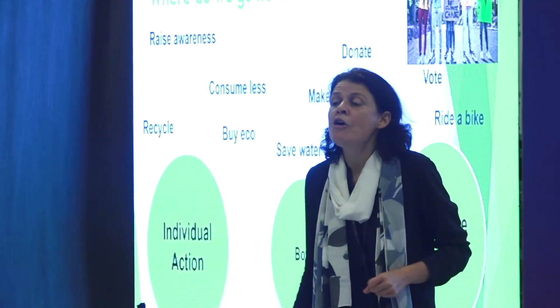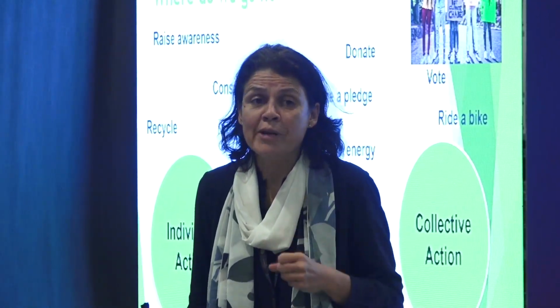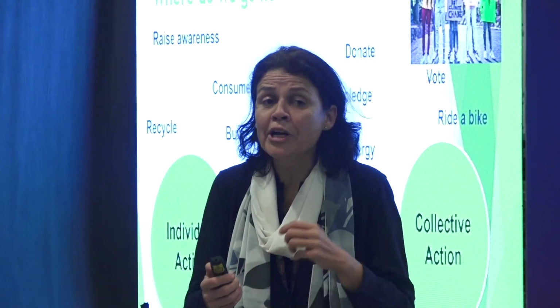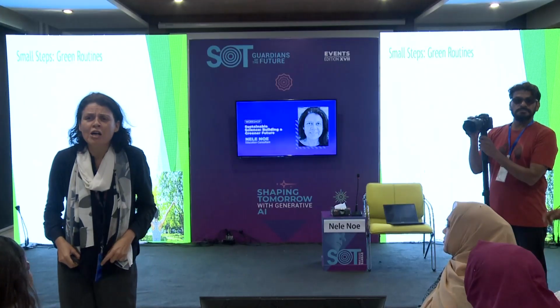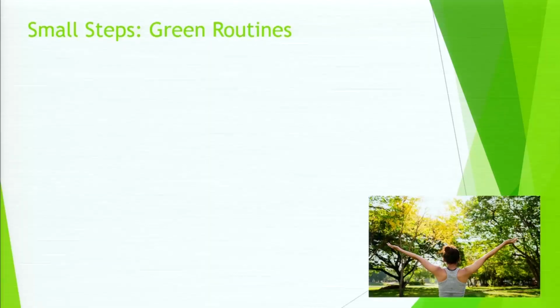You see here a variety of things that we can do. Yes? Later we're going to go back to those and we're going to think about how to implement them, but now first we're going to look at some practical examples. So, the first thing I'm going to talk about is green routines in my classroom. What is a green routine?